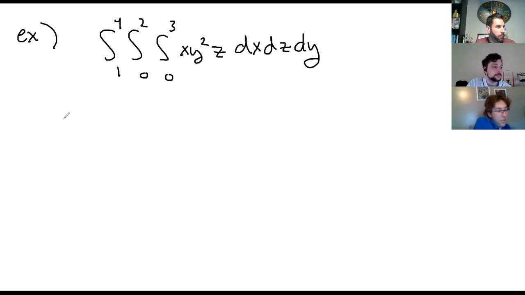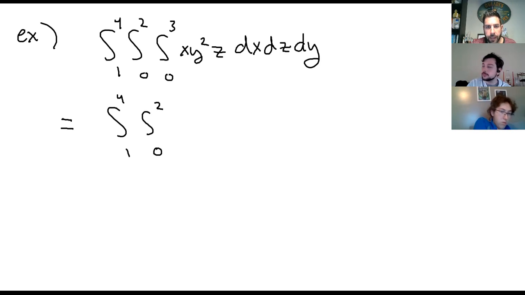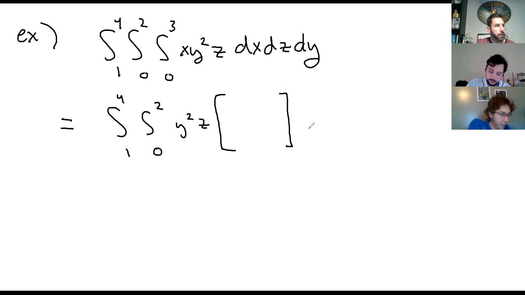What I'm going to do is integrate the x first. It's useful to use different colors to help illustrate what's happening. I'm only integrating x first, so I can think of z and y as constants. I'm going to put y squared z here, and then a bracket, and then I'm left with z and y.